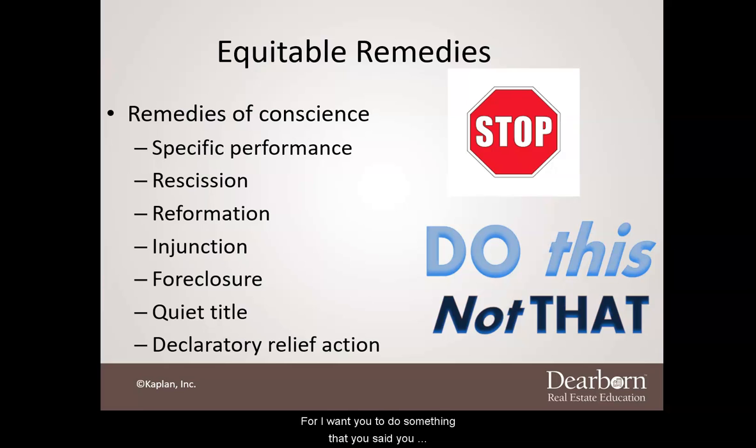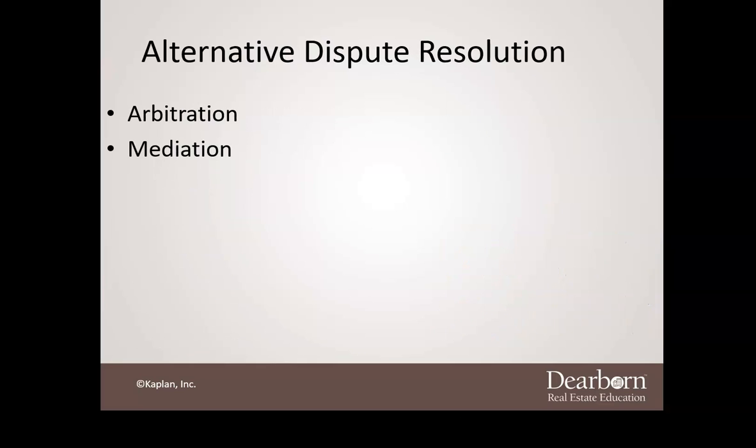Or I want you to do something that you said you were going to do, and that's called specific performance. It can also be an injunction. I want you to comply and perform under this contract. I want you to do something, and that's also an equitable remedy.